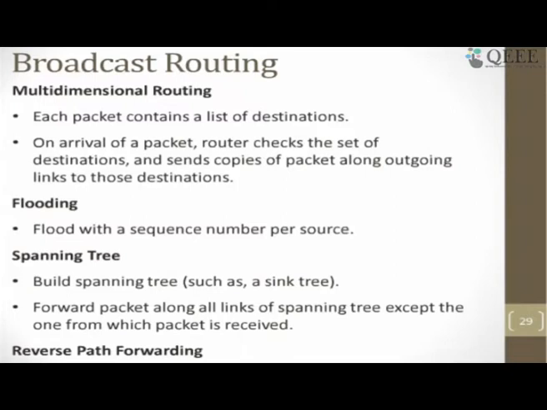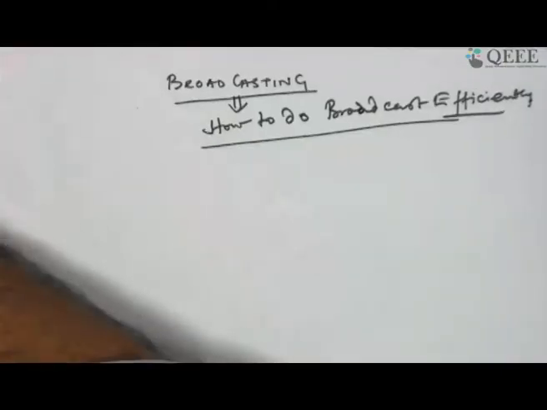The big problem is the count to infinity. And when does count to infinity come? When there are failures. Okay. So, if a network is less prone to failure, then distance vector routing will work. Otherwise, you have to work on link state. Okay. So, I guess this part is clear. So, now the question is how to actually do broadcast much more efficiently. This question can be asked.